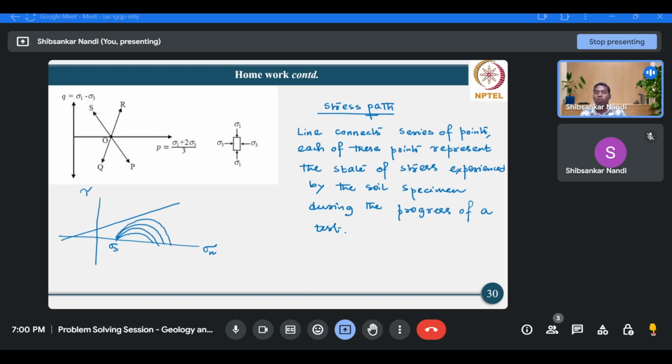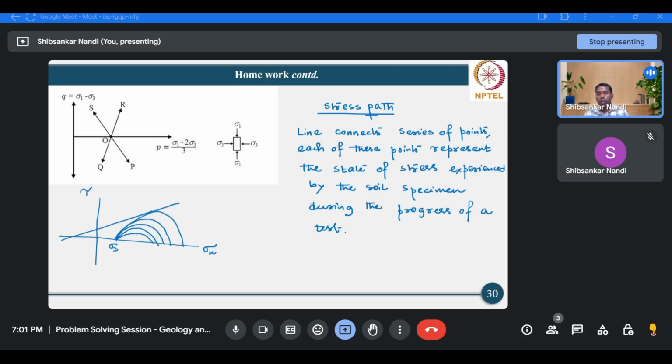It will go on increasing until the failure occurs, so the last Mohr circle touches the yield envelope. As you can see, the state of stress is changing as the test progresses.